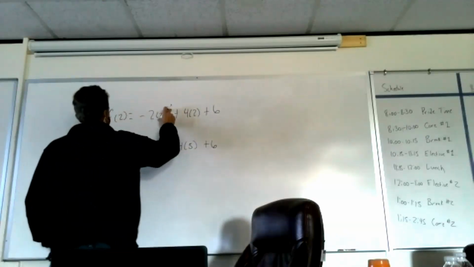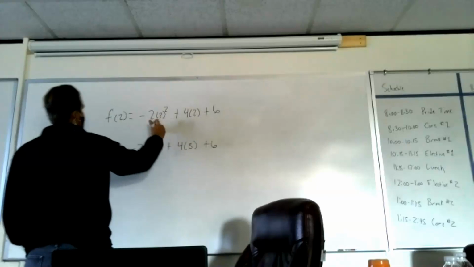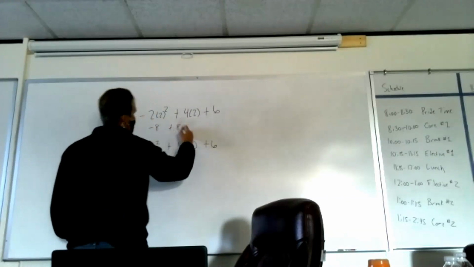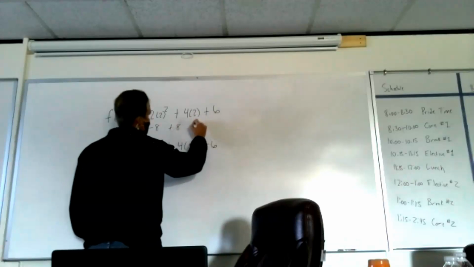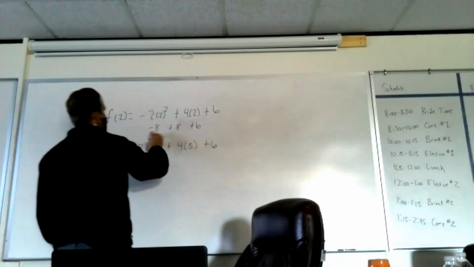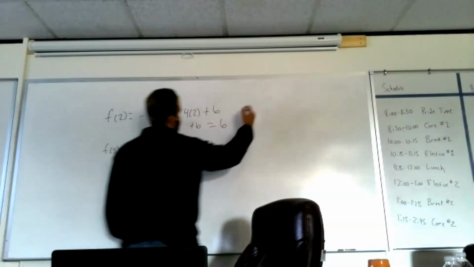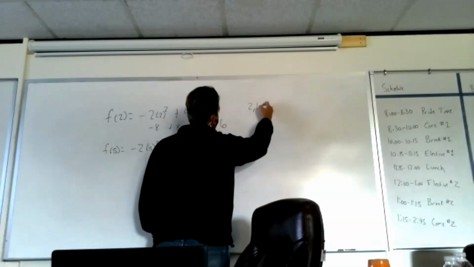Okay, 2 squared is 4 times -2 is -8 plus 8. 4 times 2 is 8 plus 6. So -8 plus 8 plus 6 is equal to 6. So I have the point (2, 6).